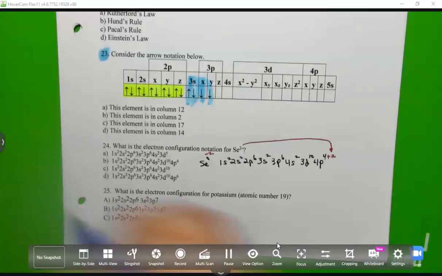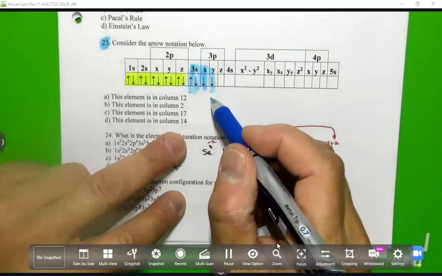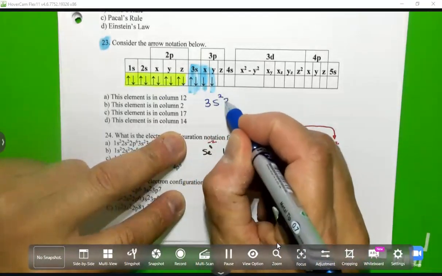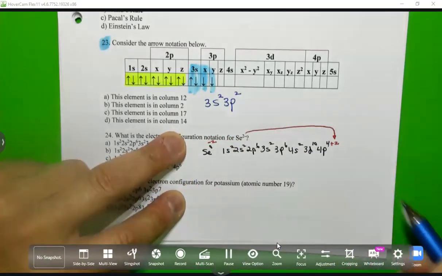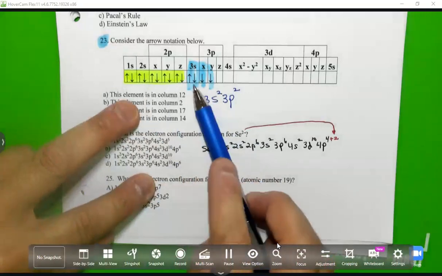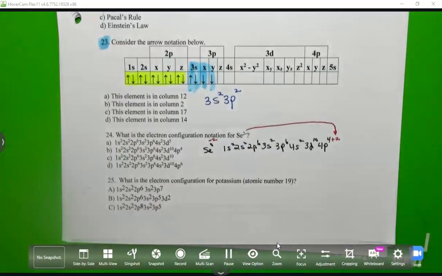Now, what does this end in? This ends in 3s2, 3p2. The last things we would write down, in fact, I'm only writing down my valence electrons.